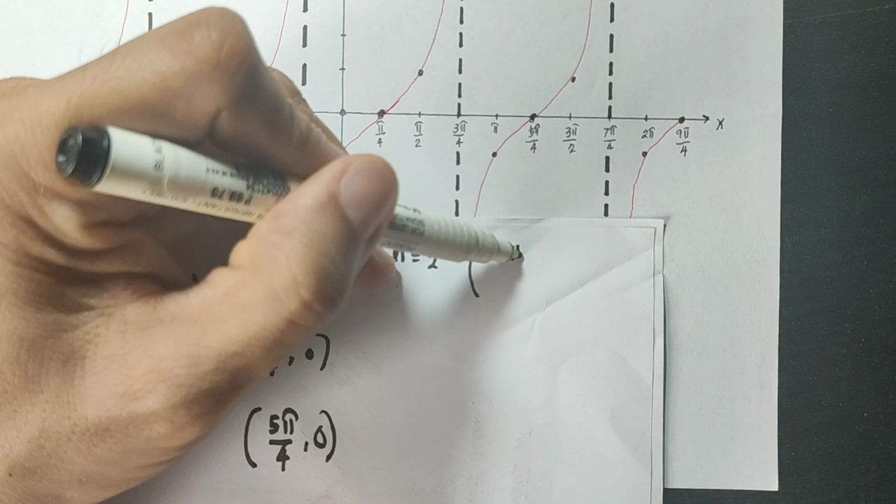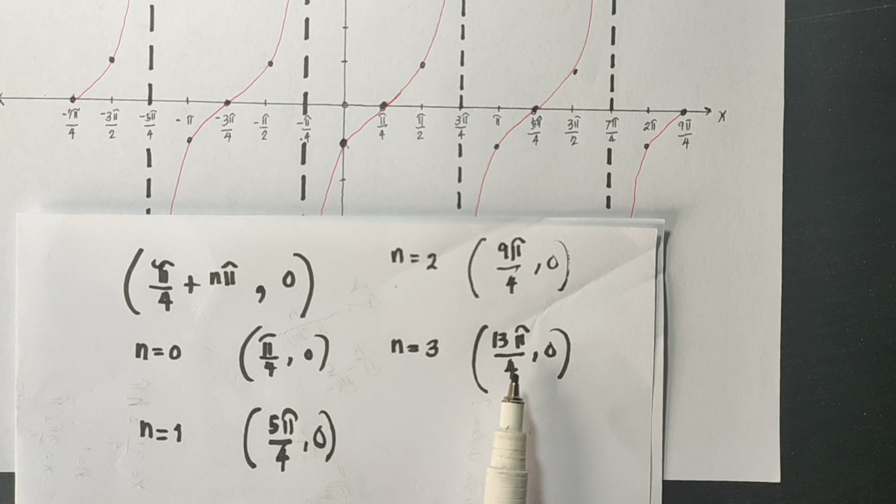It's there. What if n is 3? That will become pi over 4 plus 3 pi, which is (13 pi over 4, 0). If we extend the x-axis and continue the graph, the next x-intercept will be (13 pi over 4, 0).